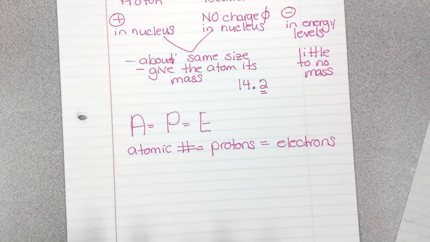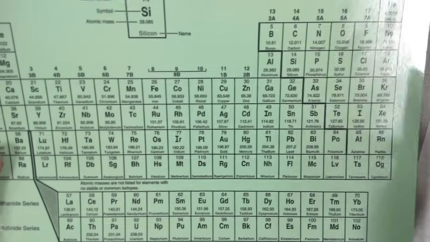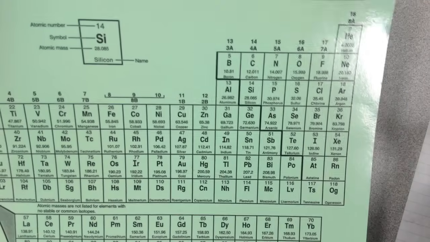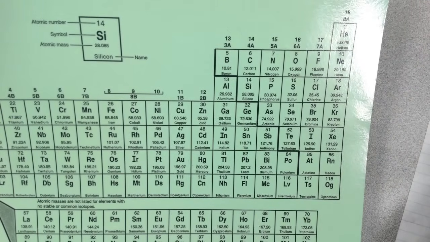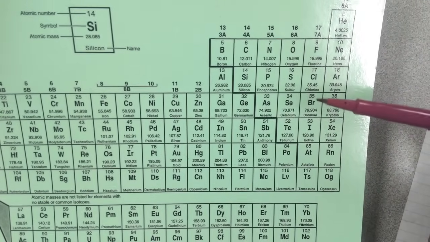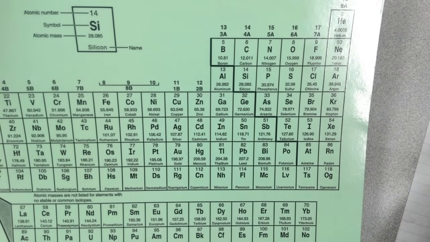So if you are looking at your periodic table, if I want to know the number of protons in fluorine, the atomic number is 9, so it has 9 protons. Bromine, atomic number is 35, so that means it has 35 protons, 35 electrons.